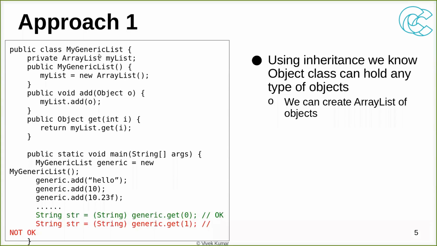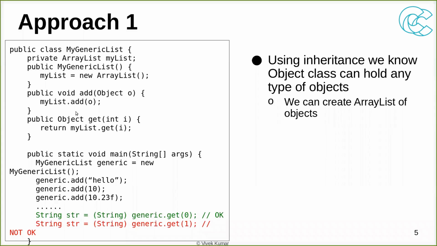You created this list, and now you can add any instance of type object. This object can now point to either a string or an integer or a floating point number or anything else, right? It doesn't matter as long as it's of type object, which is the case by default because all the classes inherit from object.